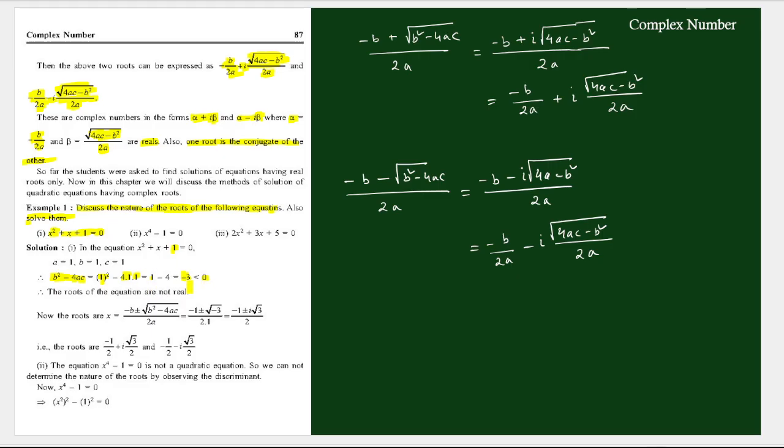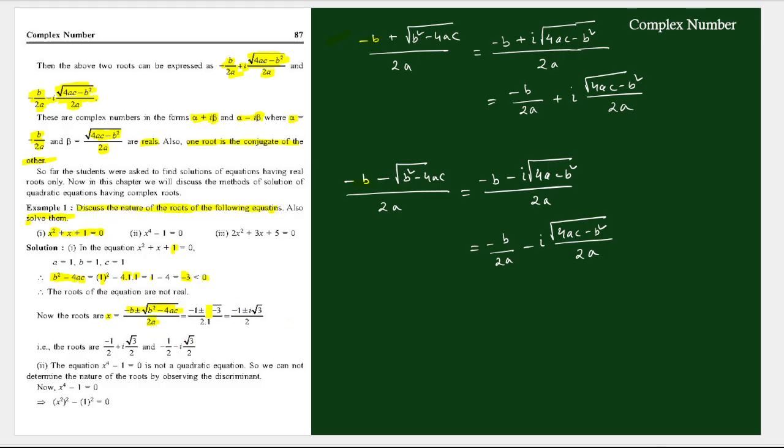So if it is less than 0, then this comes out. Now use this formula: the roots are x equal to minus b plus minus root of b square minus 4ac by twice of a.